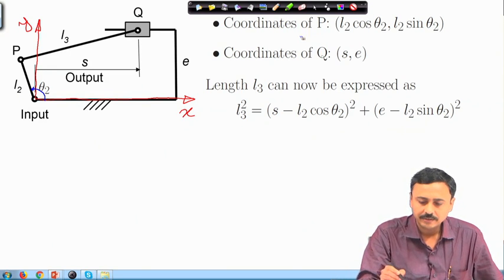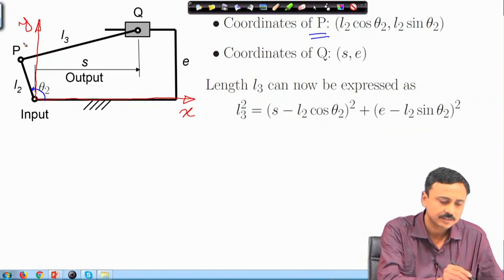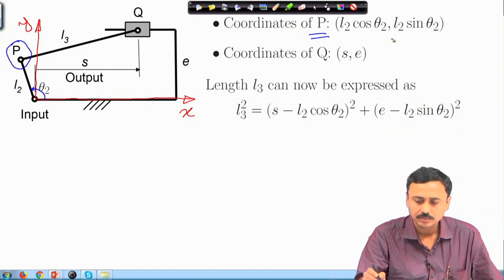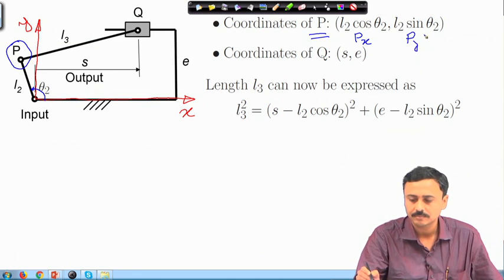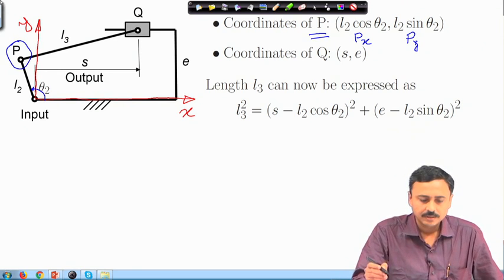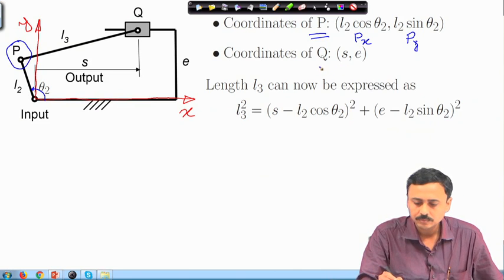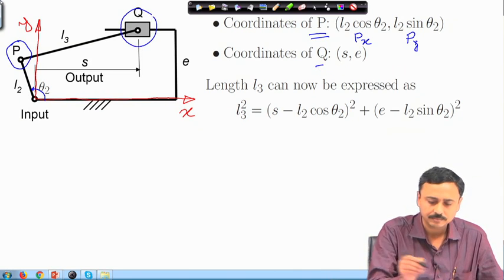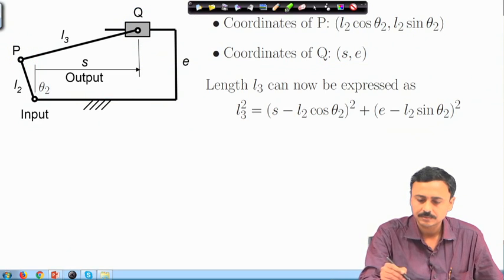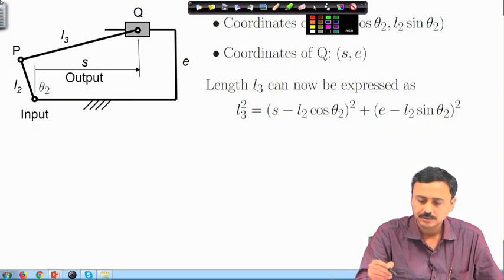Therefore, you can easily read the coordinates of point P as L2 cosine theta 2 and L2 sin theta 2. So, Px is L2 cosine theta 2 and Py is L2 sin theta 2. The coordinates of Q, which is the slider: the x coordinate is S and the y coordinate is E.